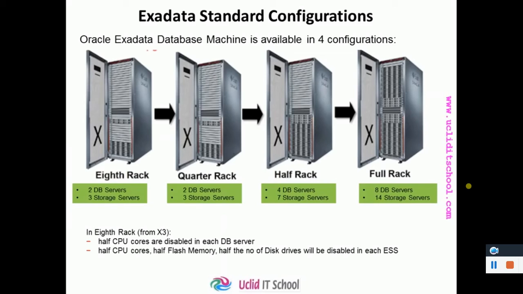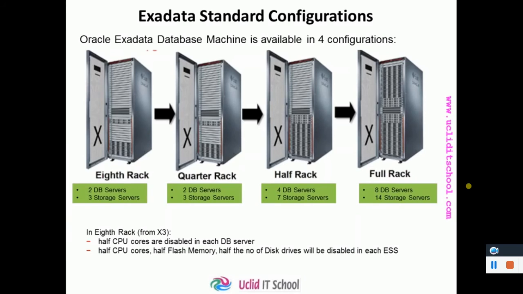Okay. When Oracle sells Exadata racks, initially they used to sell in fixed configurations. Those are called standard configurations. The standard configurations are 8th rack, quarter rack, half rack, full rack.